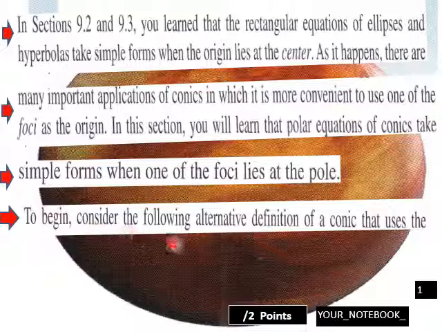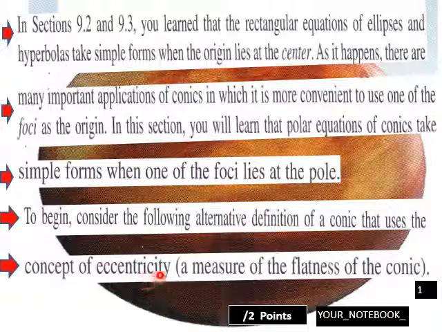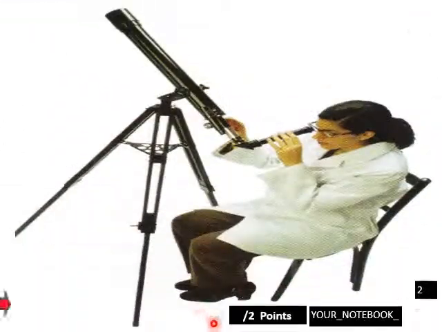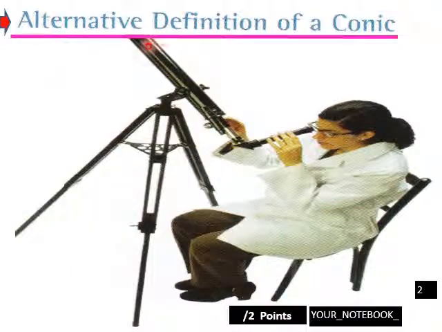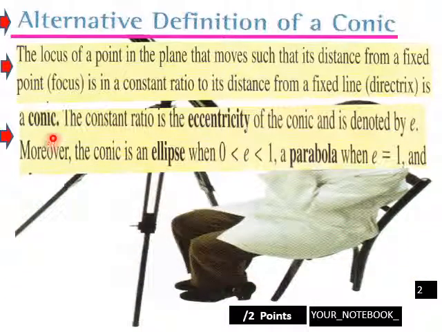To begin, consider the following alternative definition of a conic that uses the concept of eccentricity, which is a measure of the flatness of the conic, remember? The locus of a point in the plane that moves such that its distance from a fixed point, the focus, is in a constant ratio to its distance from a fixed line, the directrix, is a conic.